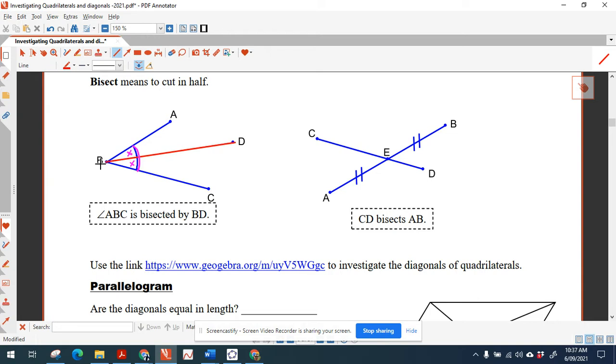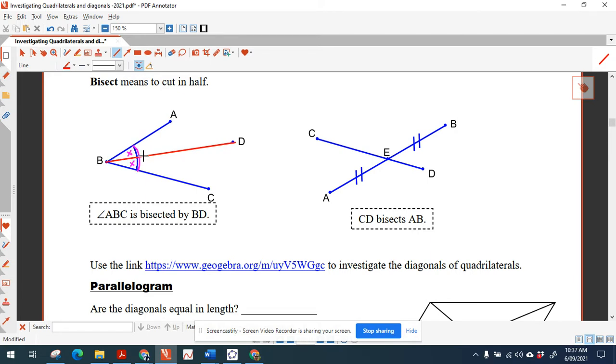And that means we say that the red line bisects the angle through which it passes. The red line passes through the pink angle, angle ABC, and cuts the pink angle into two equal halves, marked with the X. So that's what we're going to look at today, to see whether a diagonal actually cuts an angle in half.